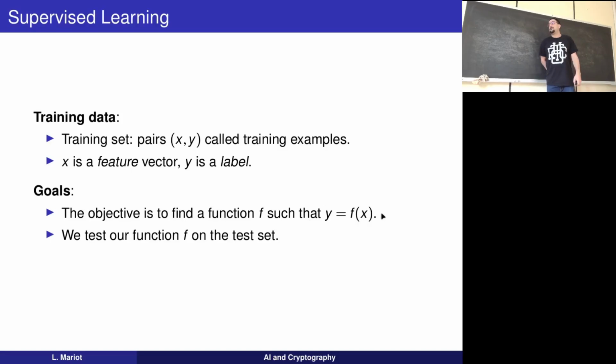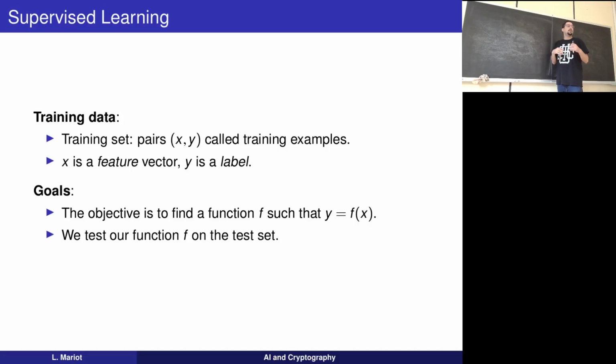The objective is to find a function that is able to interpolate the training examples, so we always have y equal to f of x for each training example.